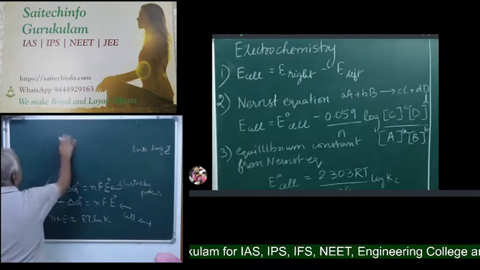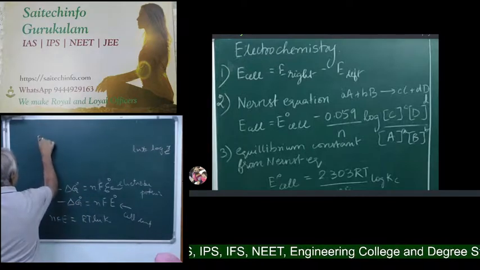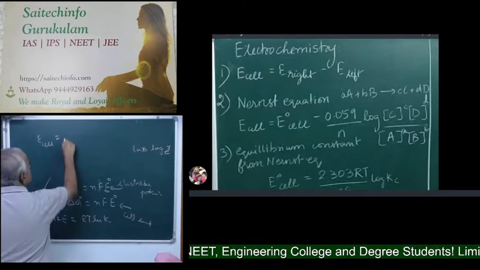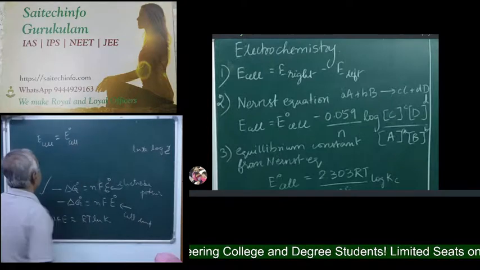Right, now we can have this E cell is given by, according to Nernst equation, that is E naught cell. What do you mean by E naught cell?